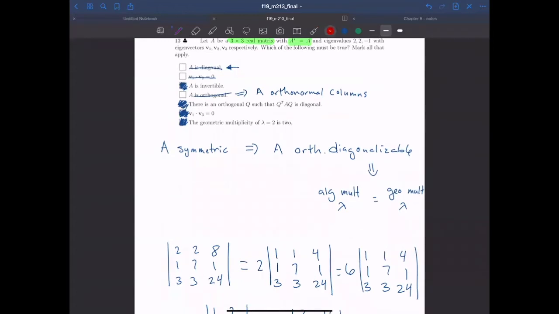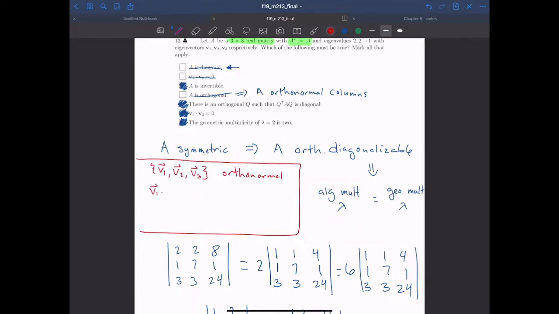So orthonormal. If I give you a set of vectors, say V1, V2, and V3, they're orthonormal. What that means is that they're all orthogonal to each other. So V1.V2 is 0, V1.V3 is 0, and so on.